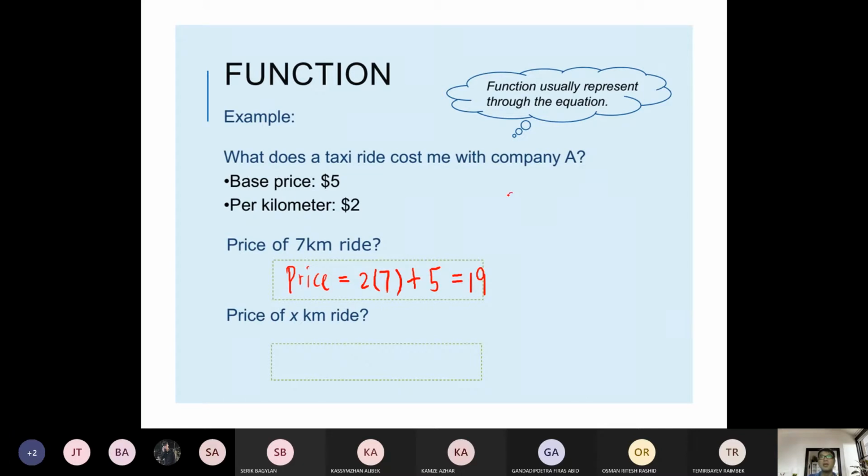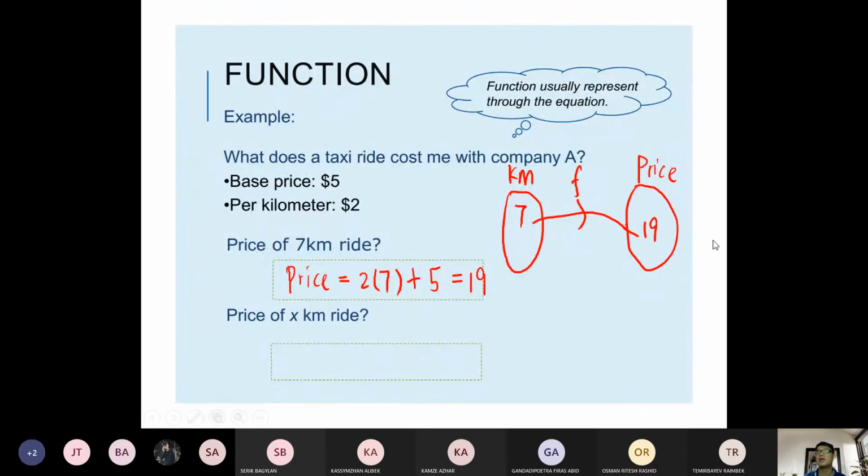Now, based on the concept of function, the input is the distance in km and the output is the price. When the input is 7 km, after this function, the output is 19, which is the price we need to pay.